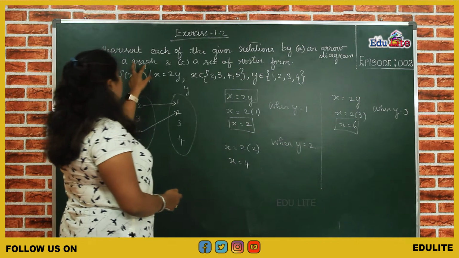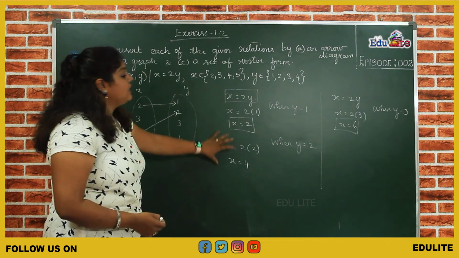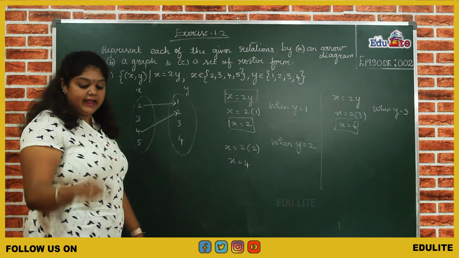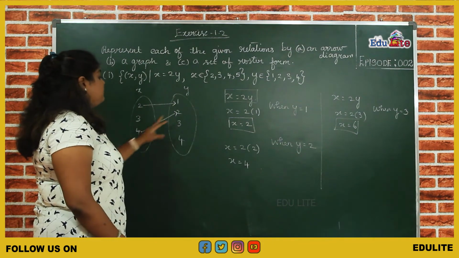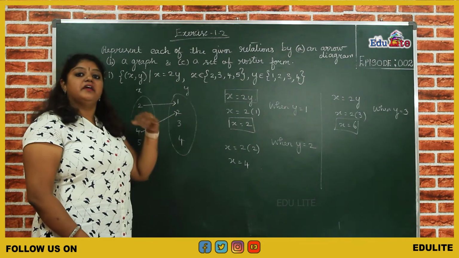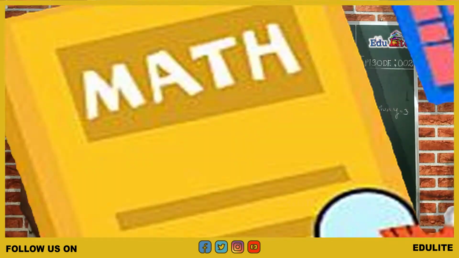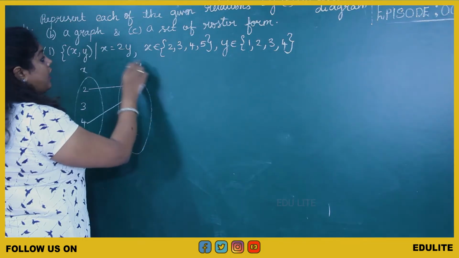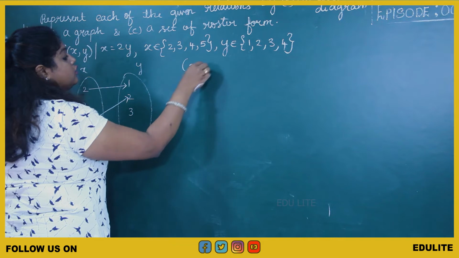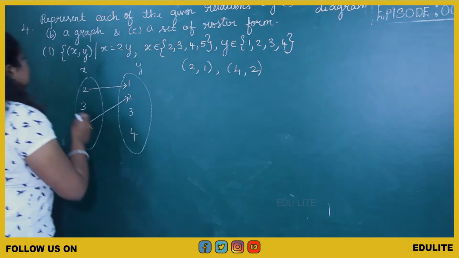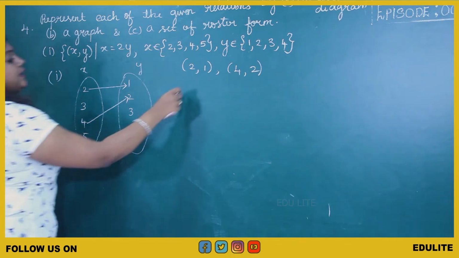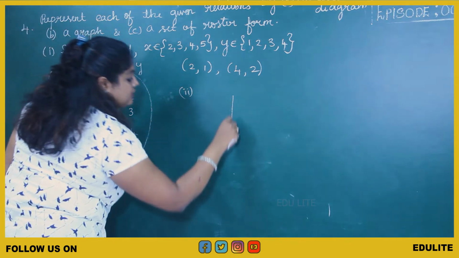The second thing we have to do is represent the same thing in a graph. What are the 2 points we got? 2, 1 and 4, 2. The same points we are going to represent in a graph. We will represent this in a graph. This was the arrow diagram and next a graph.